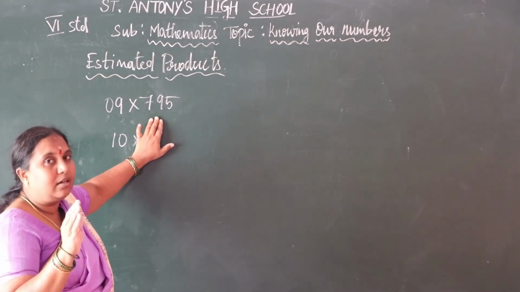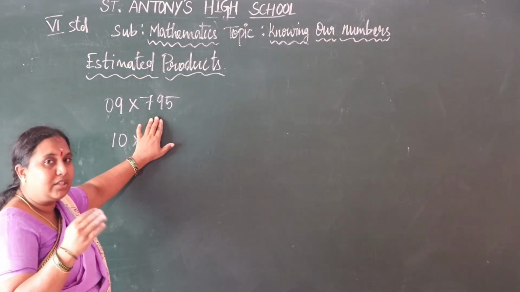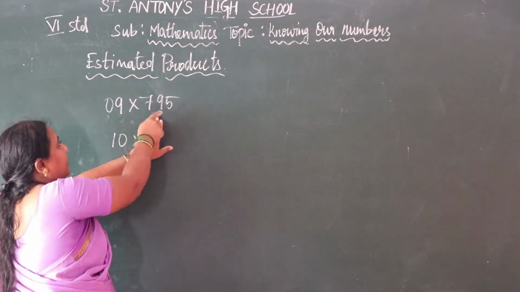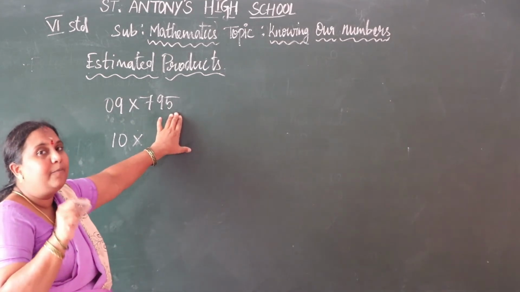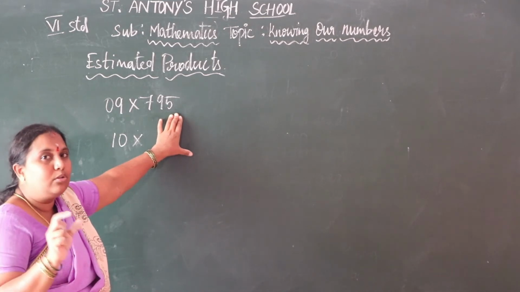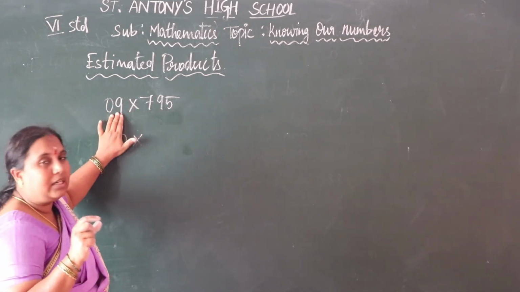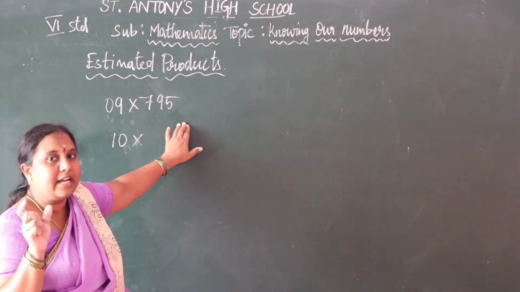We don't change it to the nearest 100s place. If it is nearest 10s for one and nearest 100s for the other, the estimated product is totally wrong. We don't do that. So here we take nearest 10s for both.